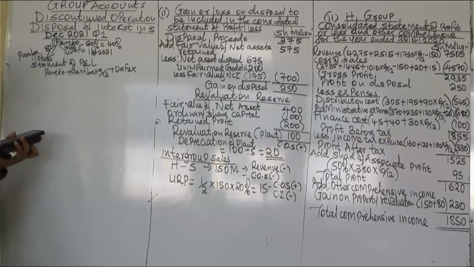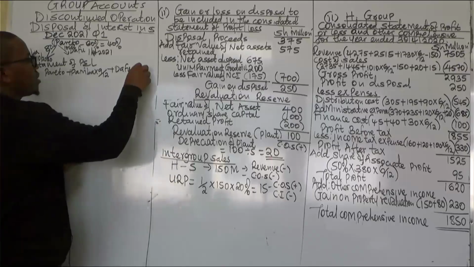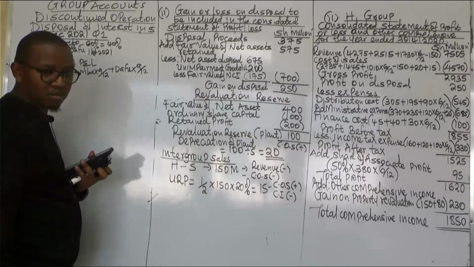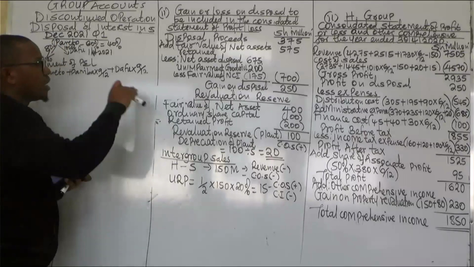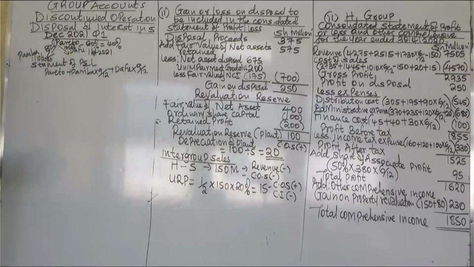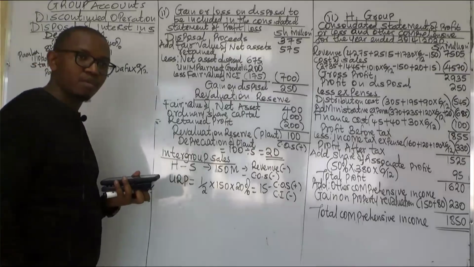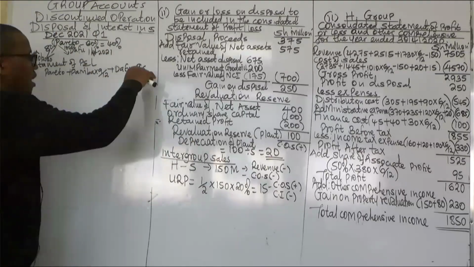Remember, our year ends on 30th June. So he had also existed for 9 months. Okay. It was disposed on 1st of April and our year ends on 30th June, so it would be April, May and June. That is when he had existed as an associate.